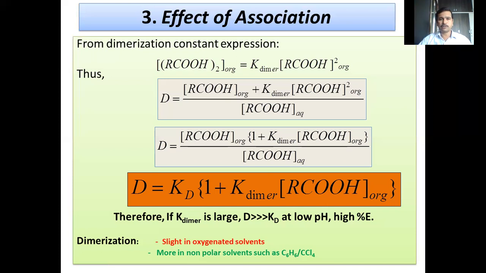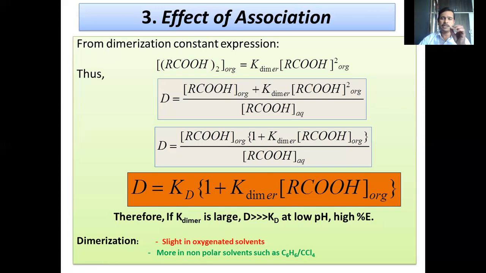So this is the effect of association. Here the carboxylic acid is going to associate to form a dimer, and therefore the extraction efficiency of this carboxylic acid has a direct influence from the dimerization constant. So these are the three important factors. First one is the pH, the second one is the complexation process, and the third one is the effect of association.